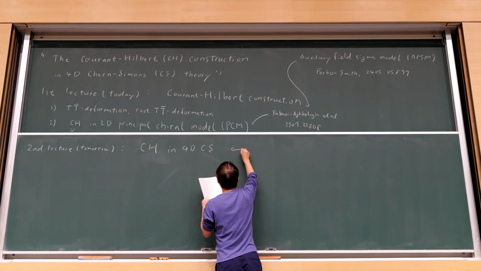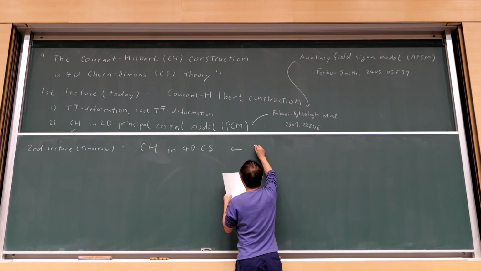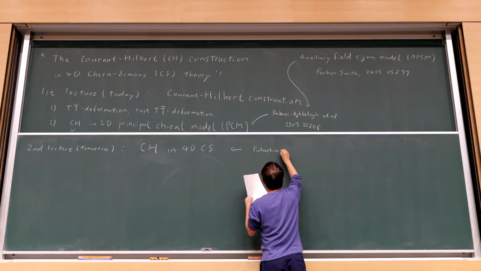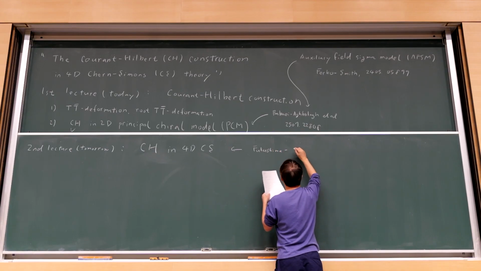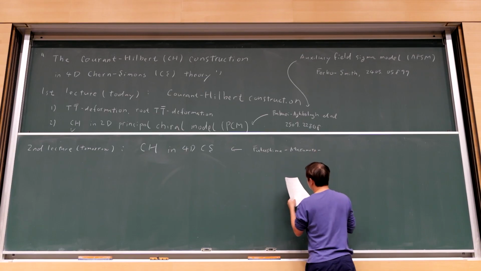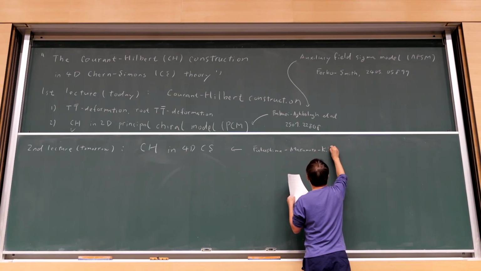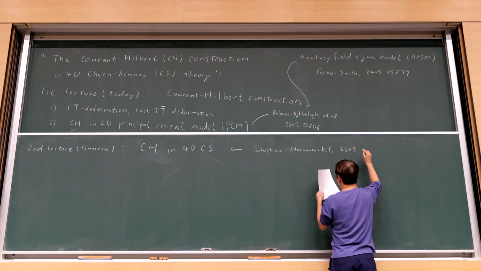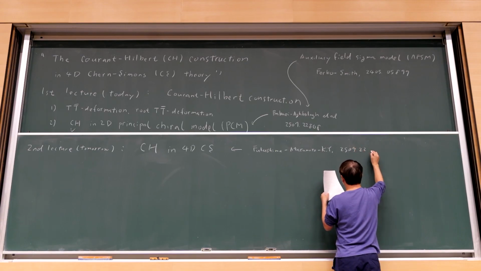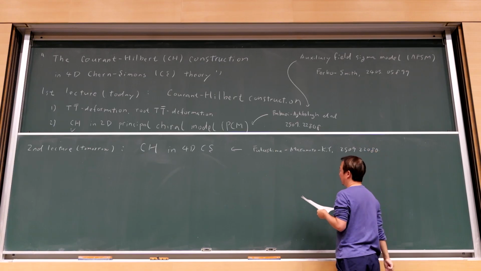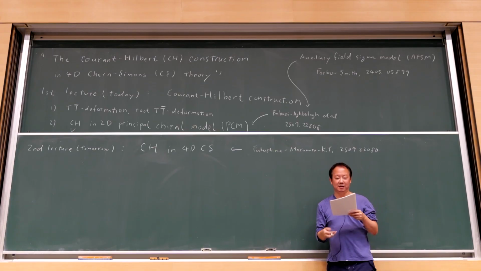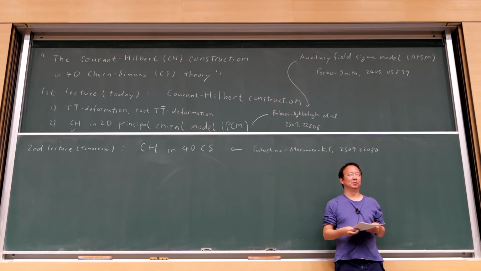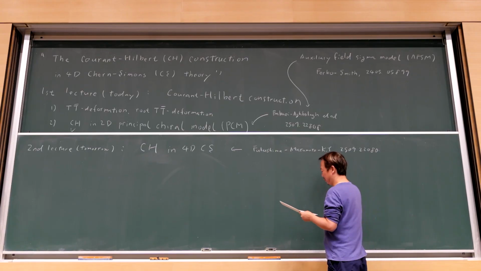This is based on collaborations with Osamu Fukushima at RIKEN iTHEMS and Takaki Matsumoto at Seikei University. This is our recent work. This Matsumoto is Takaki Matsumoto, not Takuya Matsumoto sitting there. This is another Matsumoto.